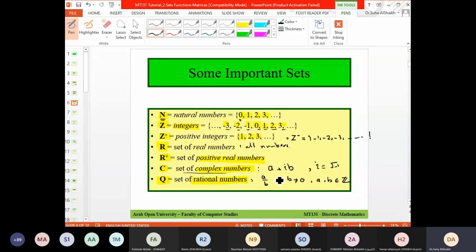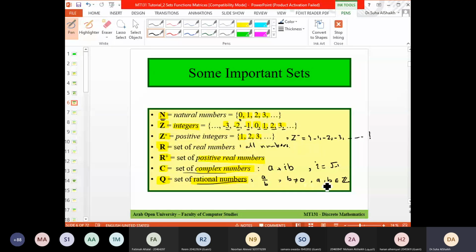Does anyone remember this complex number? Do you remember this complex number? It is A plus I B and the I is a root of -1. The root of -1 is not in R. If you try to find a root of a minus number, it's not a real number, so it comes out of R. So the rational number, which is the quotient, which is a fraction, top and bottom, on the condition that the bottom is not equal to 0.